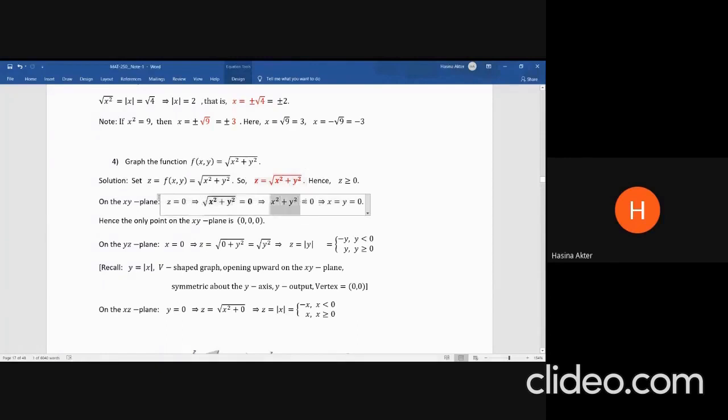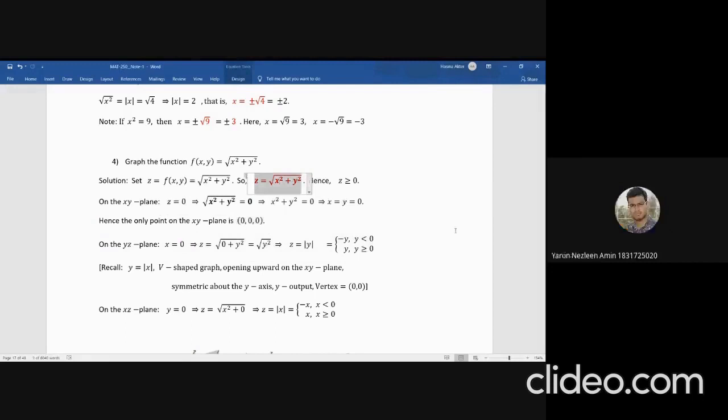And since this is a sum of squares equal to 0, this is impossible if x and y both are not 0. So if you consider the whole line, then what do you get? x equals 0, y equals 0, and z equals 0 for the xy plane. That means the xy plane contains only a single point of this graph. Only the origin is the portion of the xy plane which belongs to this graph. Is that clear?